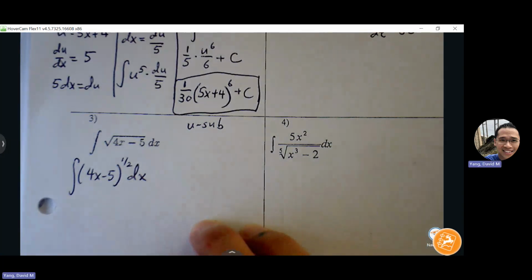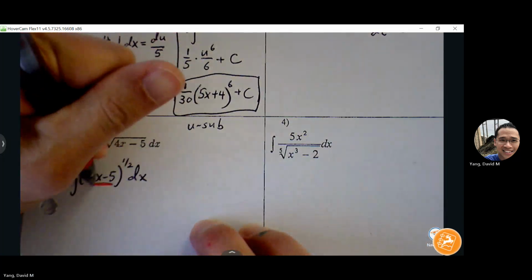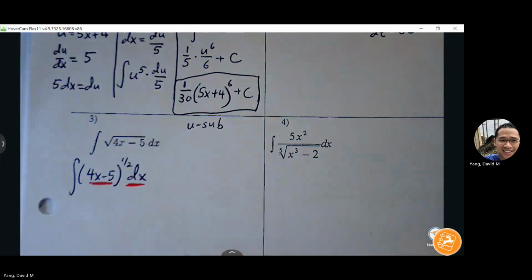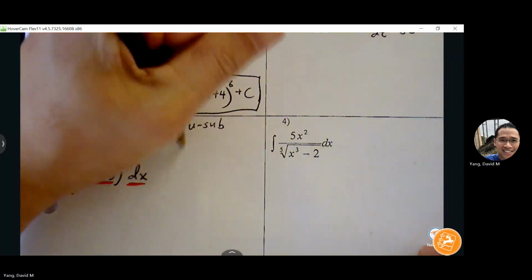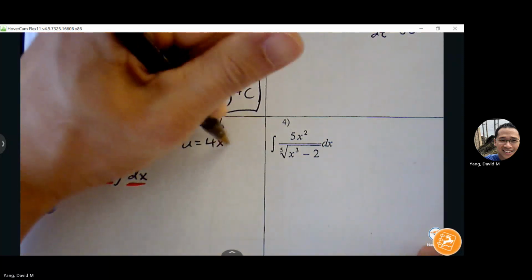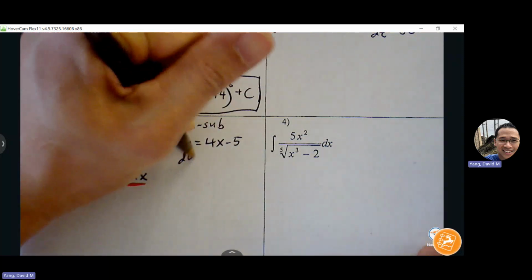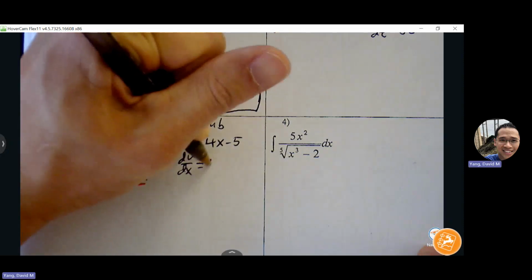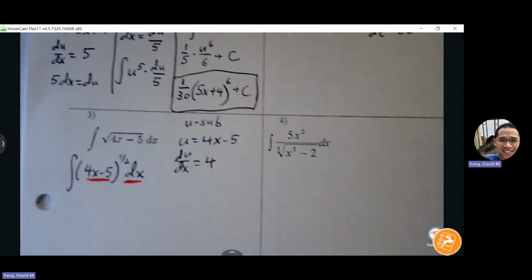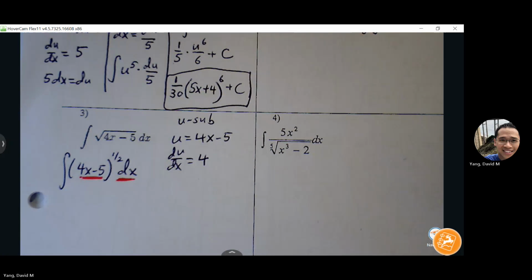Yeah, 4x minus 5. du over dx is 4, and then just 4, right? And then we cross multiply, solve for dx, put everything back, and then power rule can handle the rest of the way.